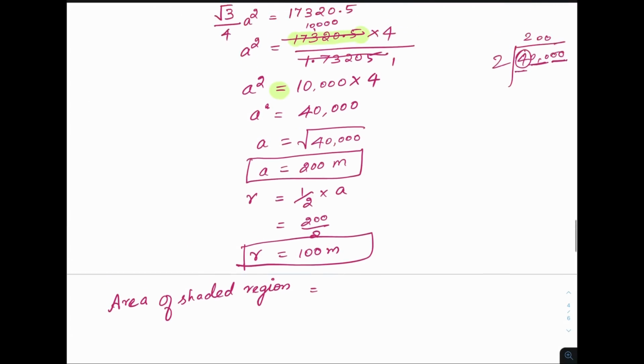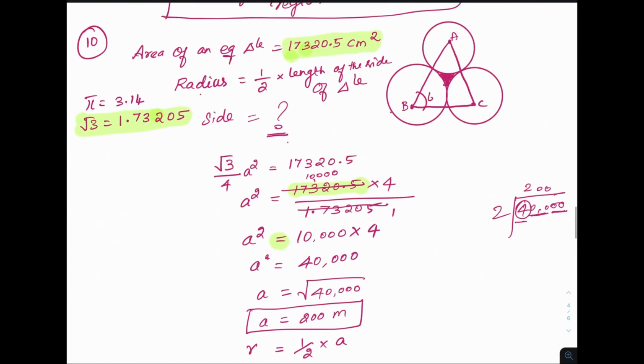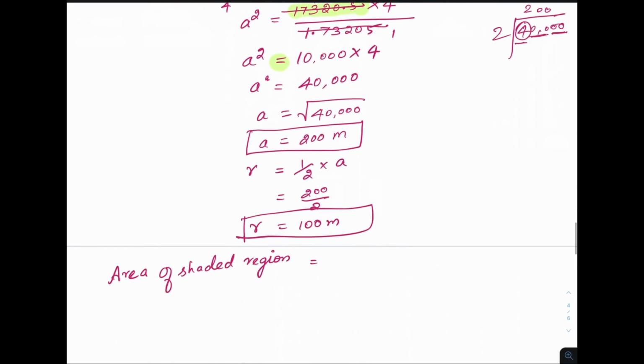So here what clue is given? This is an equilateral triangle. So 3 sectors. So when you subtract the area of 3 sectors from the equilateral triangle, we will get the area of the shaded region.